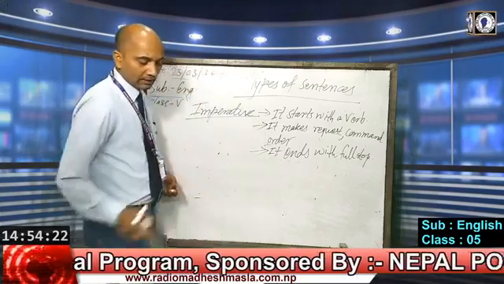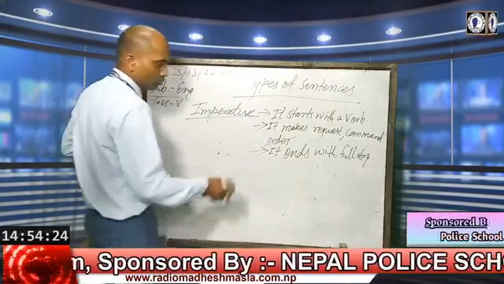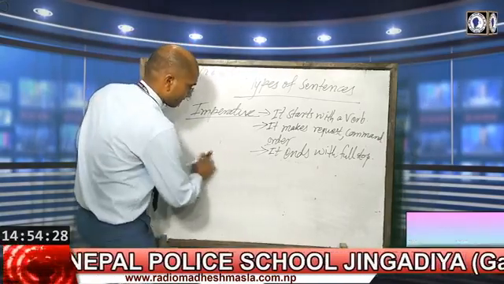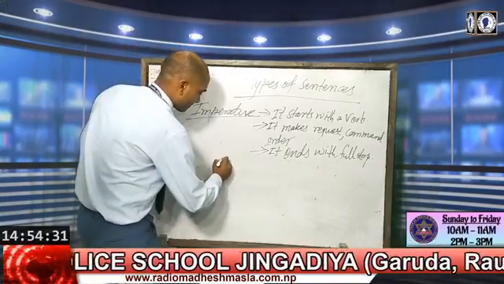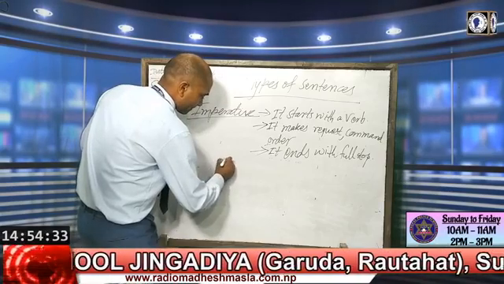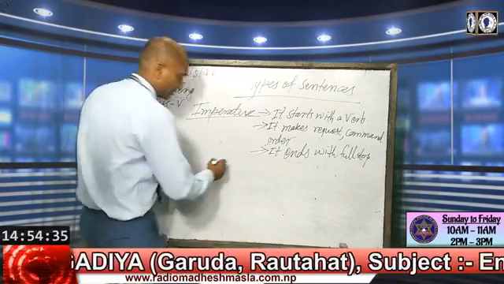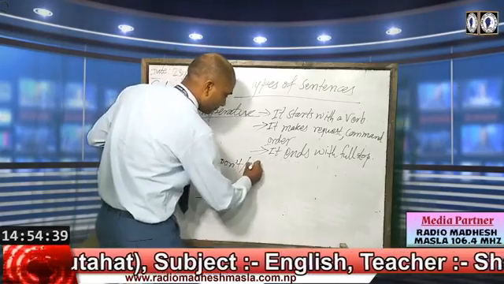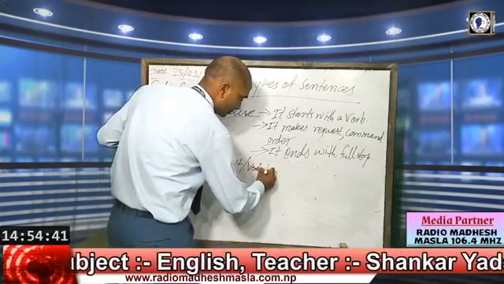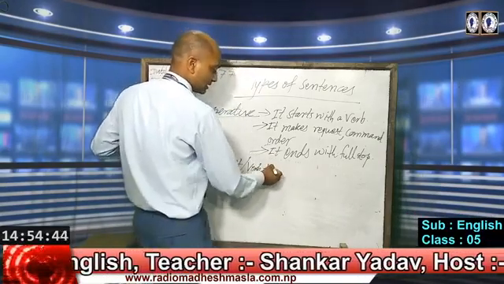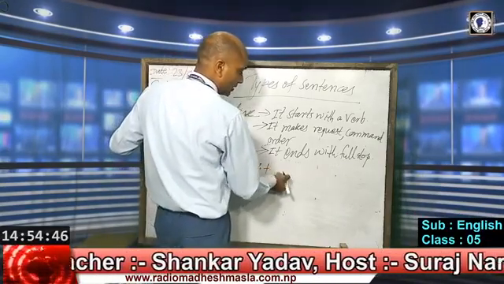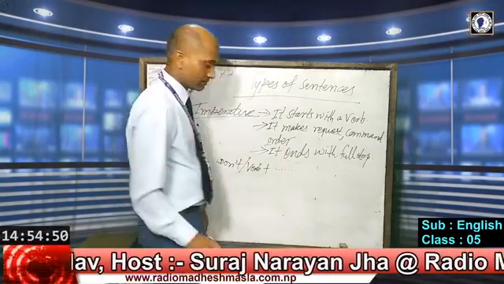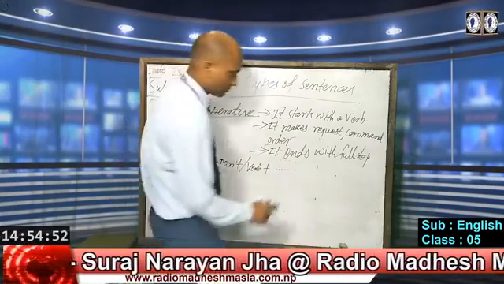So let me write the verb structure of the imperative sentence. Negative and positive both. Don't or verb plus subject, which is hidden in this sentence, and full stop.